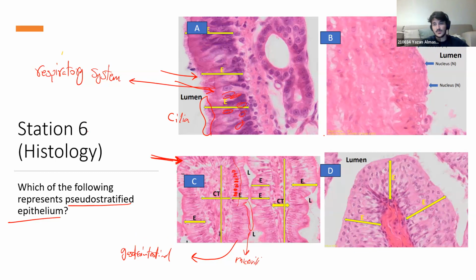Wait, let me move the camera away. Okay. So, what type of epithelium is this? Simple squamous, transitional, simple.